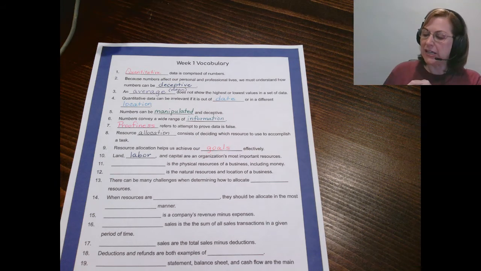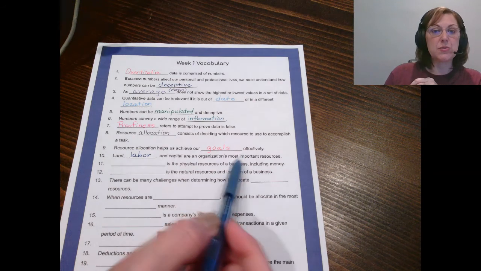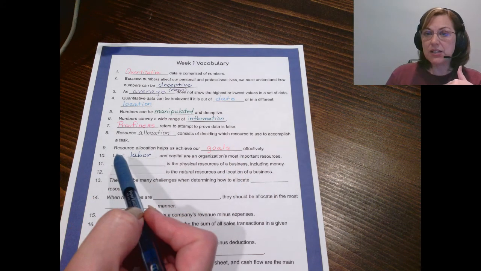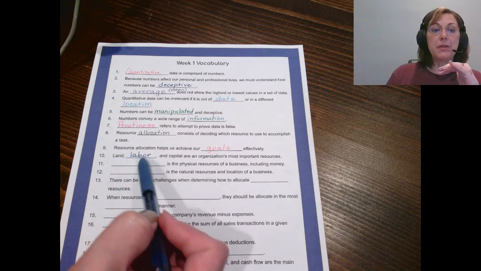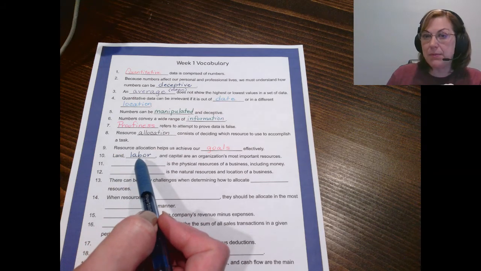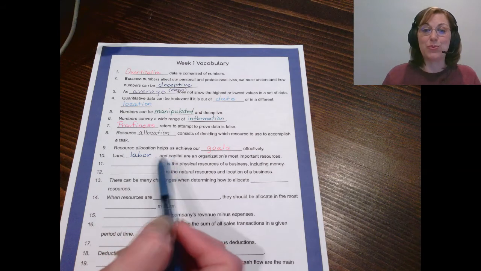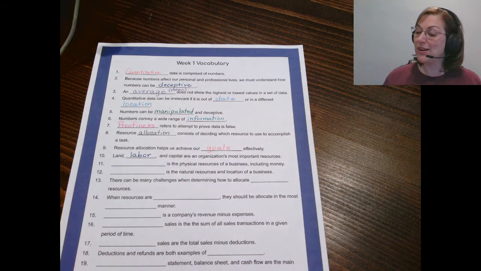That's your money. Those are the organization's most important resources. So the land, the buildings that the company has, the labor, that's the people that work in the company, and then of course the money. Those are the top 3 most important resources for any organization or business.